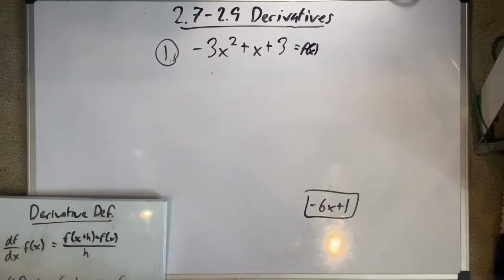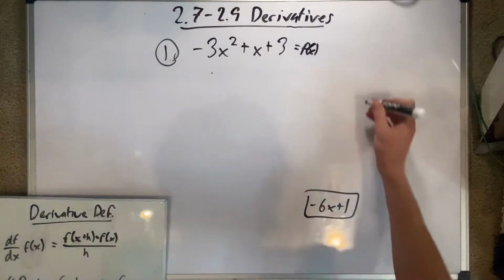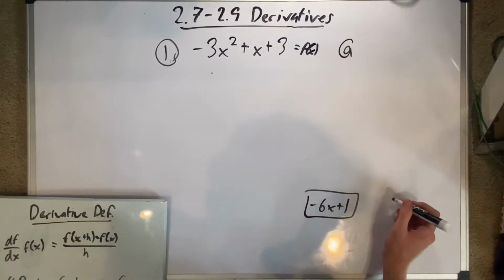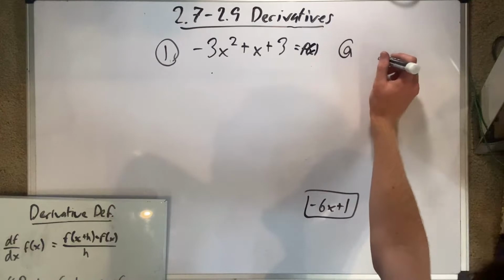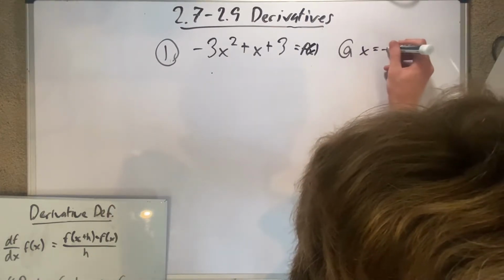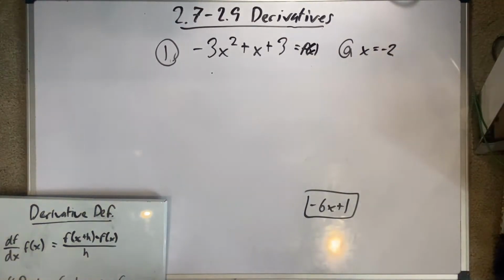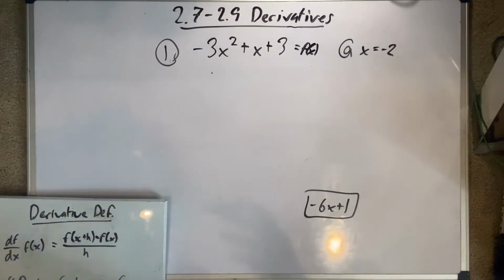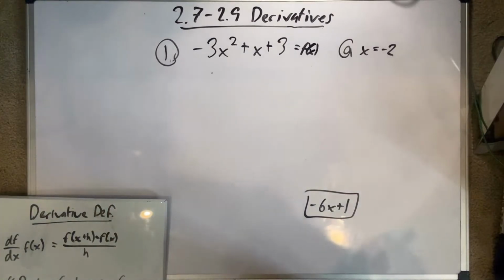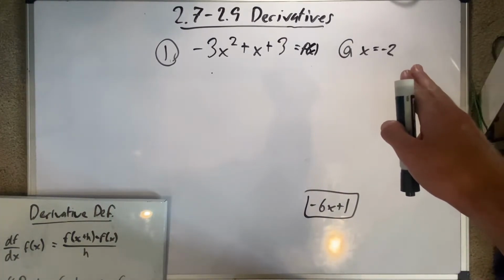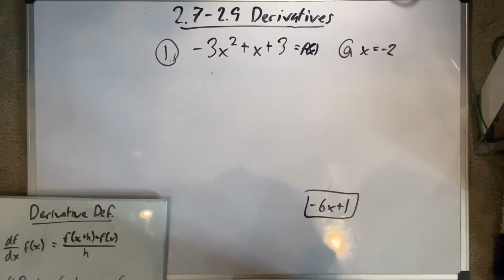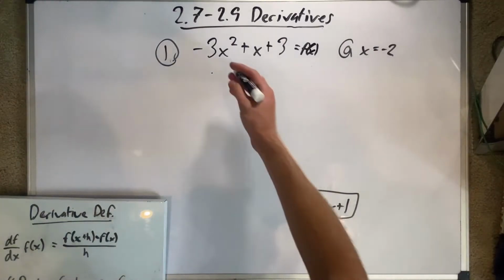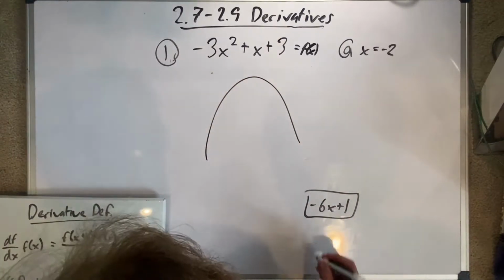Because not only does it want us to find the derivative, at least for this problem, it also wants us to find the derivative at x equals -2, which is something I actually forgot to write to begin with. So it wants us to find the derivative and then also find the equation at -2 for what the equation of a tangent line touching the graph would be, because you know that this graph moves something along the lines of that.